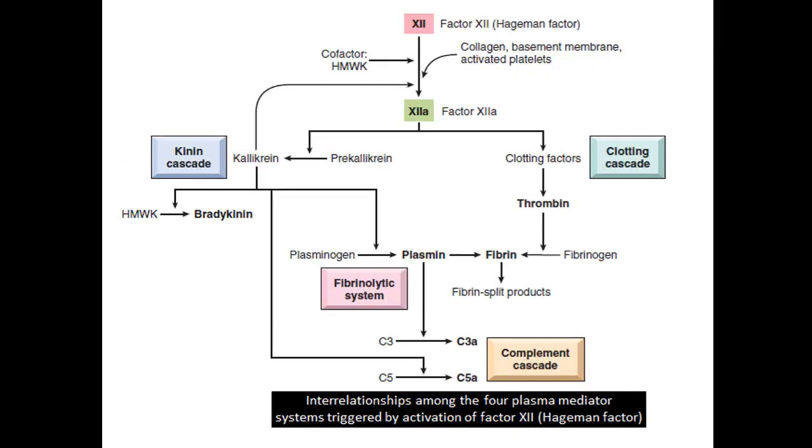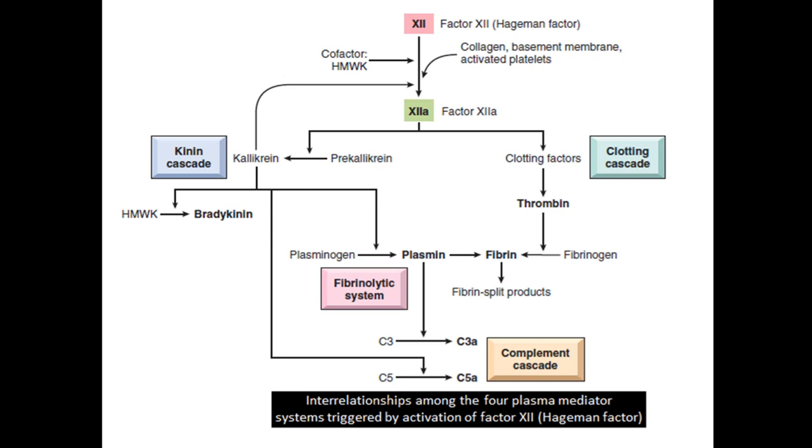Now, after the coagulation system, in which factor 12 or Hageman factor is actively involved in the plasma-derived mediators of inflammation, here we can see that the fibrinolytic system is involved in the degradation of fibrinogen into fibrin, and then degradation of the fibrin by plasmin.